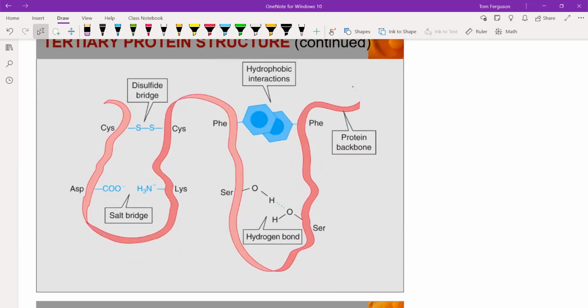Now, this is an important slide. These are the types of crosslinks that will keep the protein from unwinding, and they vary in strength. So this is a disulfide bond, covalent. That's the strongest, so I'm going to put a number 1 by that. Hydrophobic is the weakest.